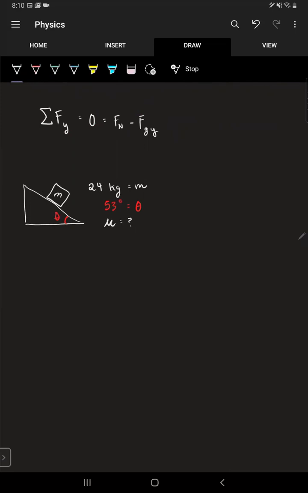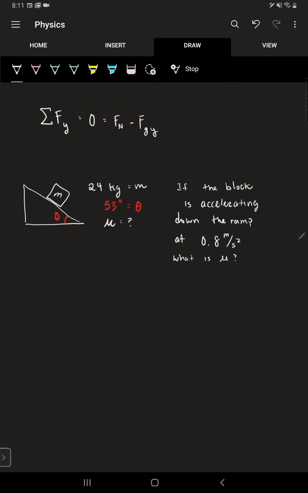Mu equals question mark. If the block is accelerating down the ramp at 0.8 meters per second squared, what is mu?